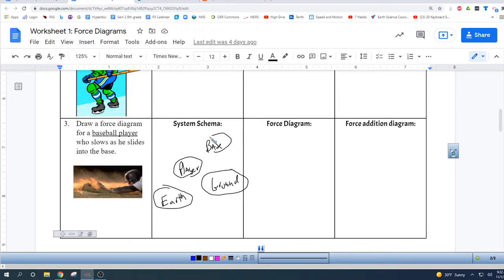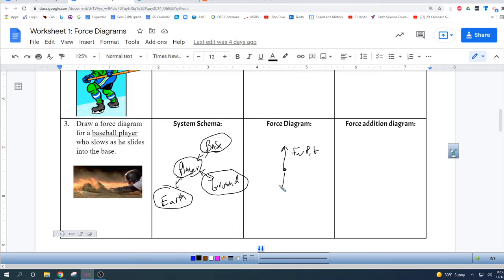And once again, our player is our object. So the earth acts on the player, the player acts on the earth. The player acts on the ground, the ground acts on the player. The base acts on the player, the player acts on the base. In this case, we have our upward force, which is our force normal. It's not always going to be a normal force, acting on the player, comma, by the ground.